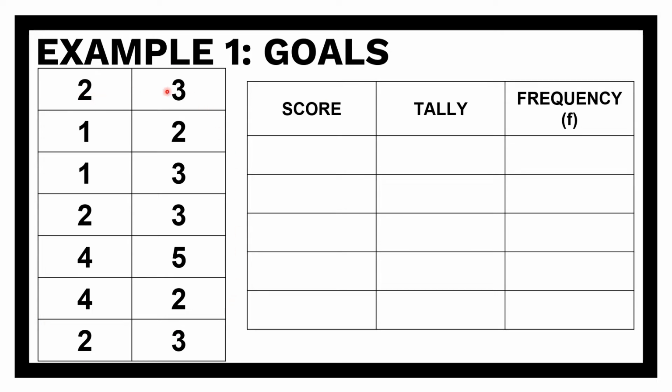Have you noticed that some scores are repeated, just like the score 2 has appeared many times. 1, 2, 3, 4, 5. Okay? So this is our goal why we are doing a frequency distribution table, so that we can summarize these scores for easier reference, and so that we can draw conclusions easier.